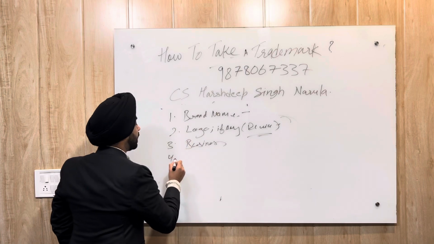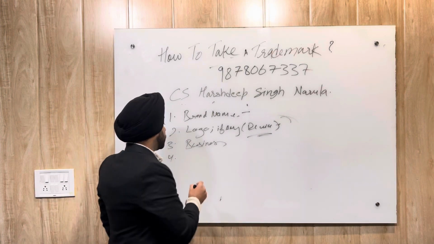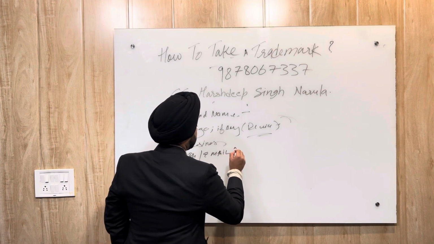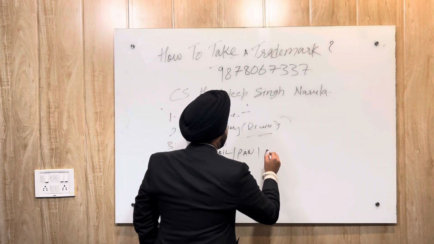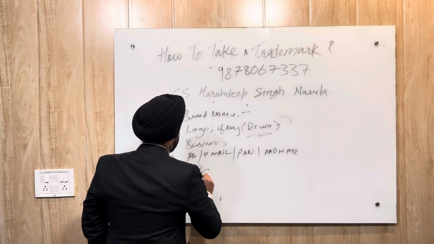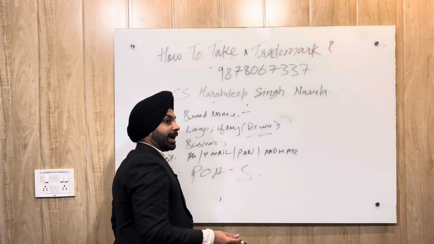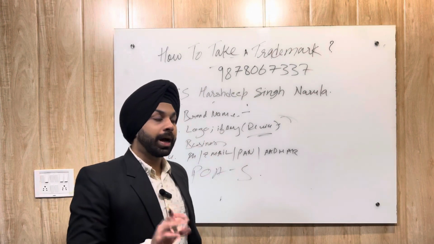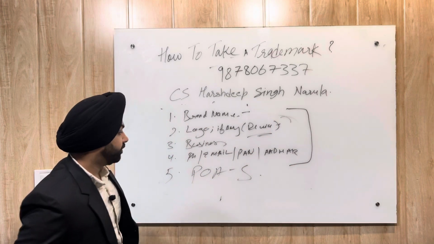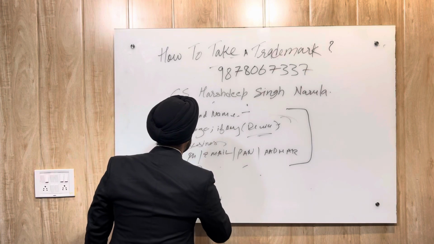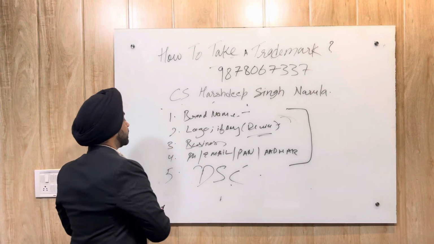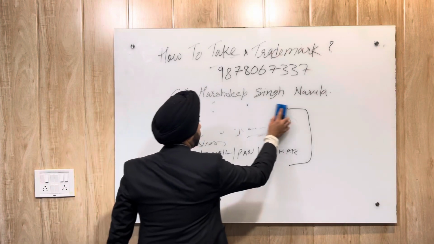If you're getting it done through your attorney, you have to give your phone number, email address, a copy of PAN and a copy of Aadhaar to your attorney. Then the attorney will make a power of attorney on a stamp paper so that he or she can file it on your behalf. If you're filing it yourself, you need these 4 documents, and instead of the power of attorney, you need your digital signature. When we talk about digital signatures, the process of digital signature application is also different.